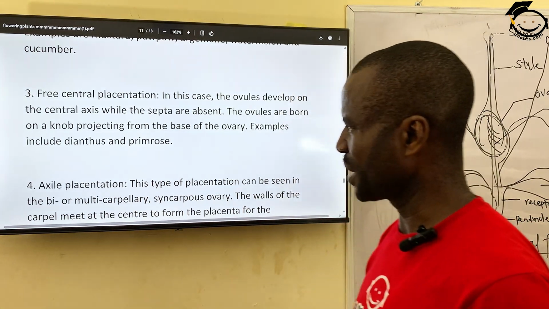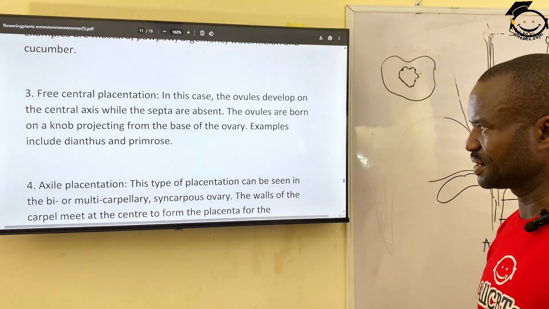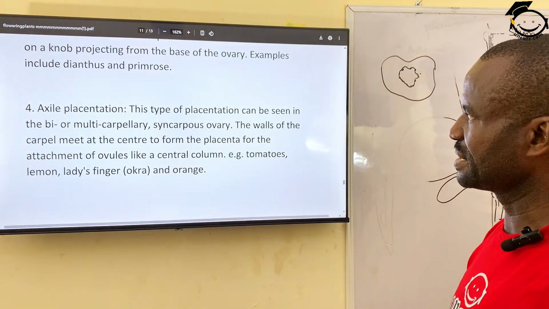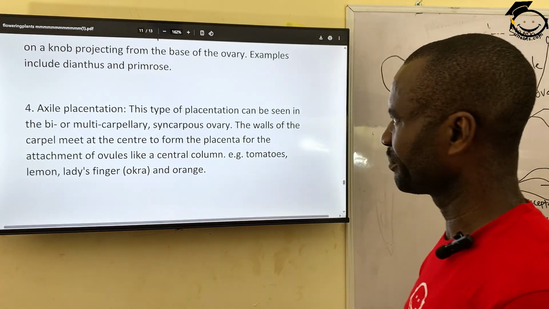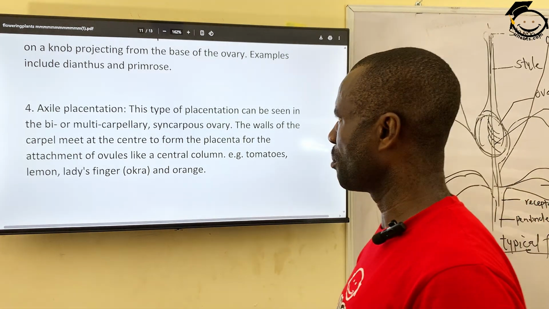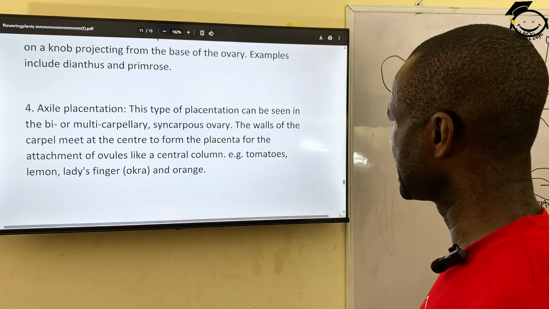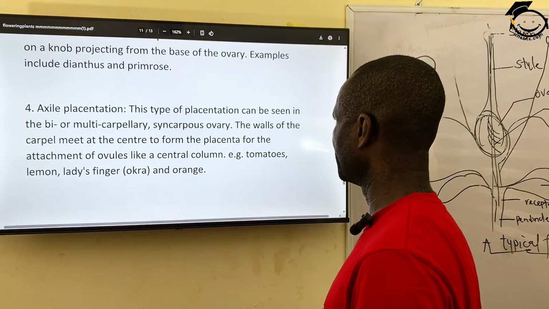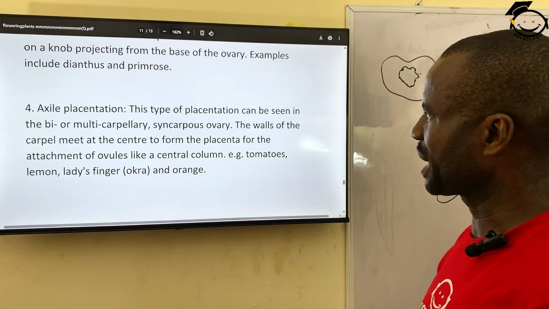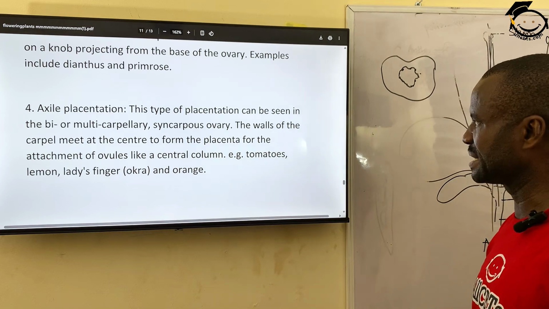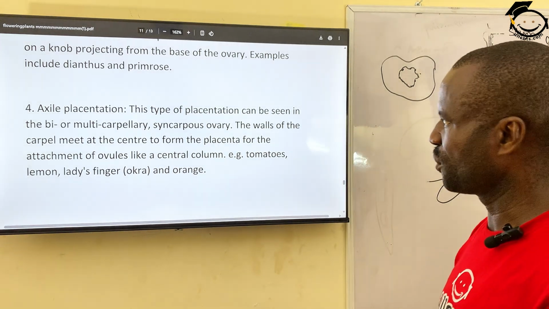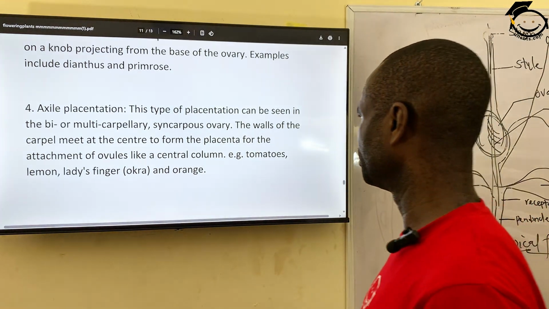Number 4, we have the axile placentation. This type of placentation can be seen in the bi or multicarpellary syncarpous ovary. The wall of the carpel meets at the center to form the placenta for the attachment of the ovule, like a central column.